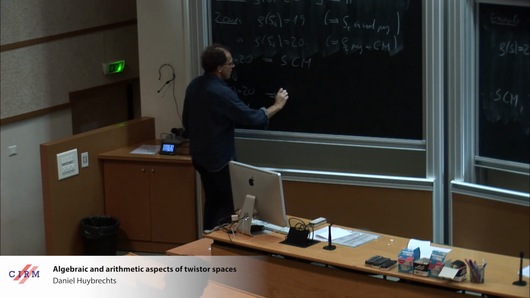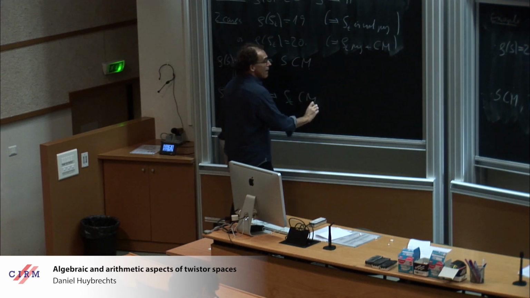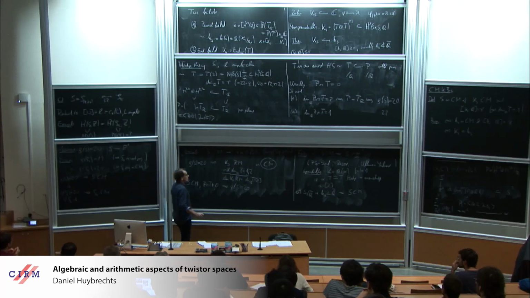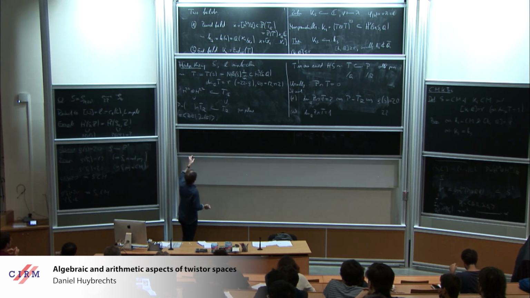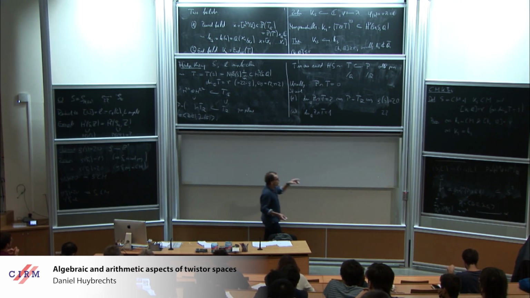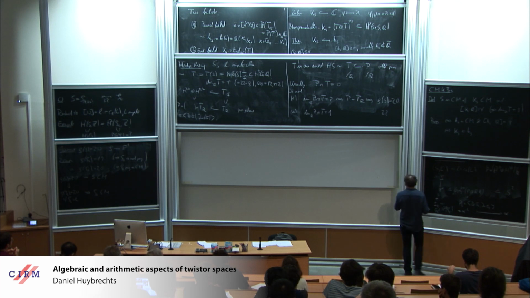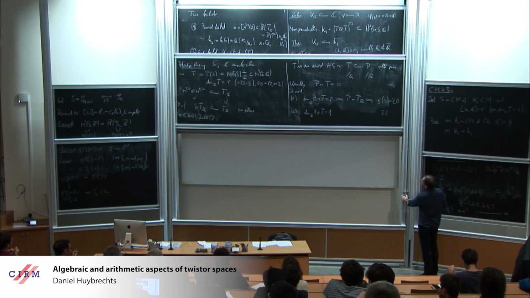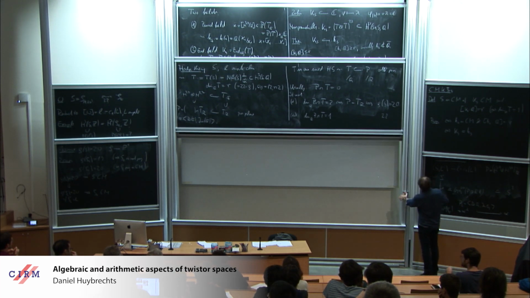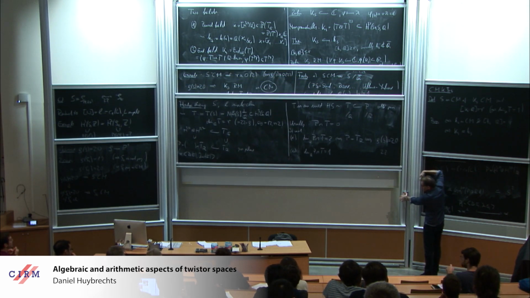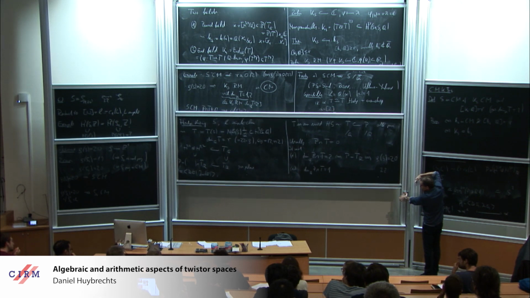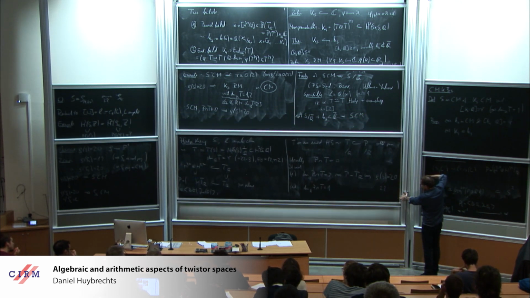And this implies S_t is CM. I mean, of course, that's a triviality if you want, but it's nevertheless curious to see that an arithmetic property of the original K3 surface passes through those highly non-algebraic K3 surfaces to all the other algebraic fibers.